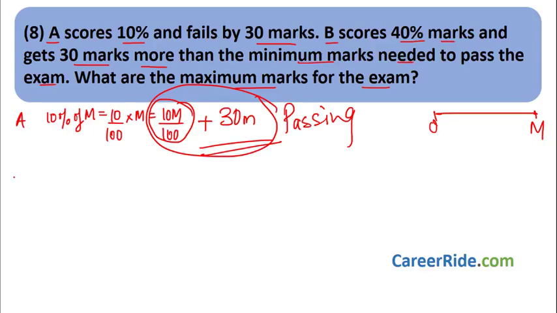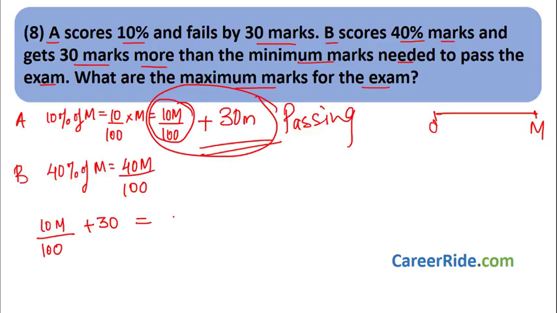Now what have they given? B scores 40% marks, so B gets 40% of M, that is 40M upon 100, and B gets 30 marks more than minimum marks, right? So marks of B are how much? Passing marks we already know, 10M upon 100 plus 30.